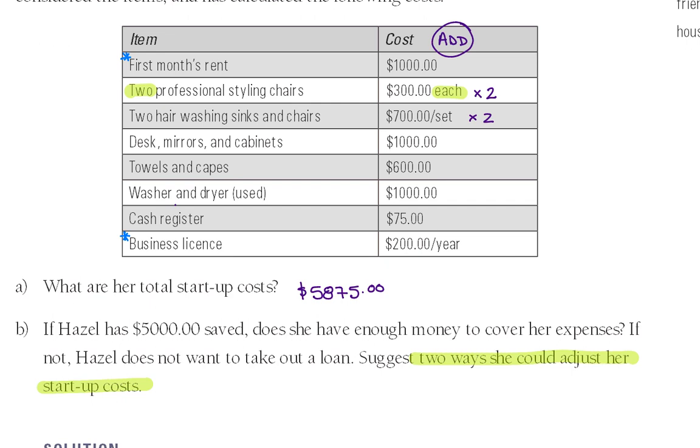No. We live in a modern world. This is true. Maybe she wants to buy a few less towels and capes, desk mirrors and cabinets. There are absolutely some places that she can skimp. Definitely not in rent, and definitely not in the business license, though.